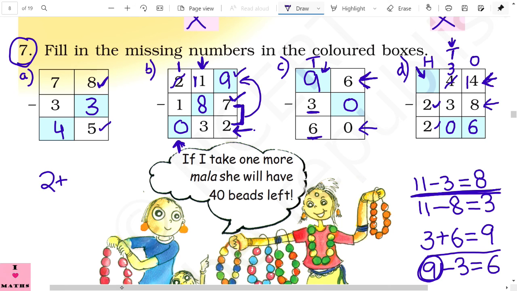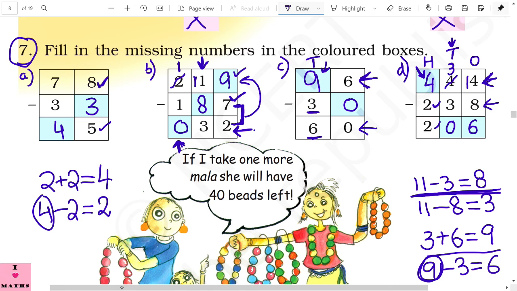Now children, 2 plus 2 is equal to 4. Now 4 minus 2 is equal to 2. So this 4 will come here so that 4 minus 2 is equal to 2.